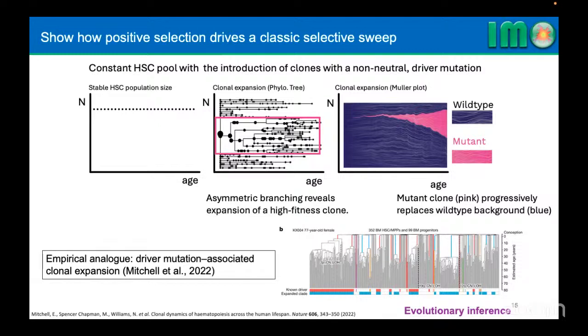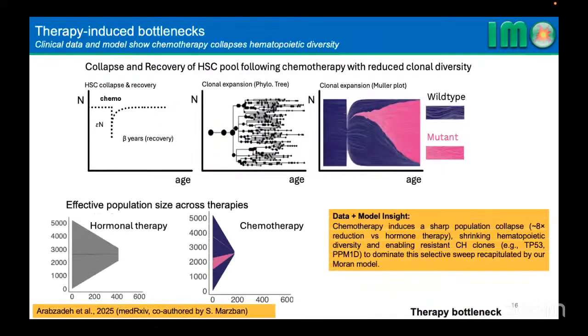Again, in this Mitchell paper, they had a patient with a mutation, and this asymmetry is obvious on their tree as well. If there is an atrophy or bottleneck effect, for example, sometimes the atrophy makes the mutated cells expand faster because the population size decreases.